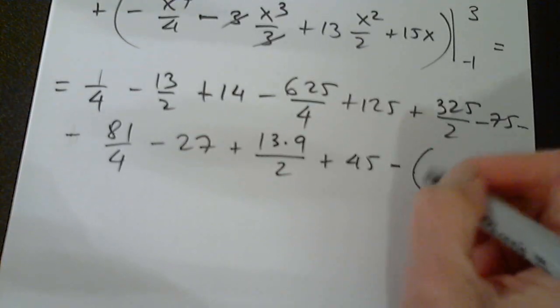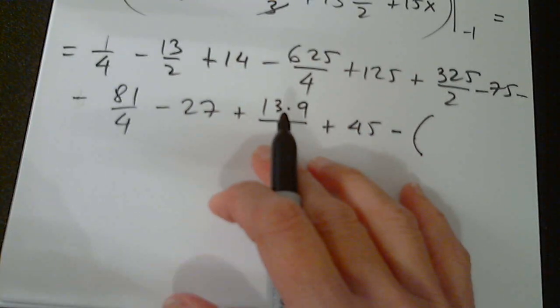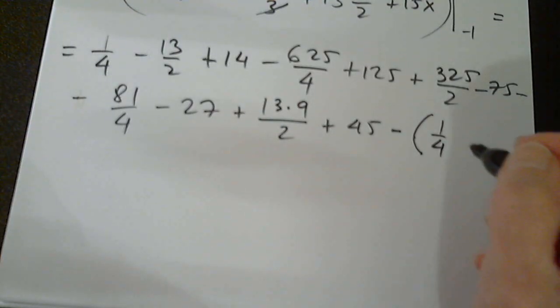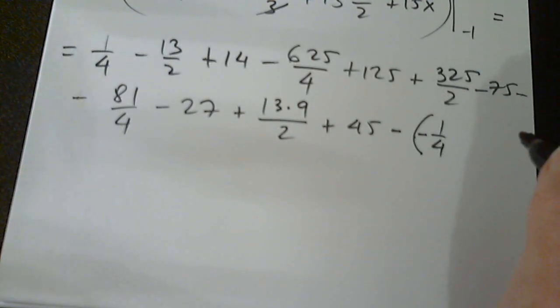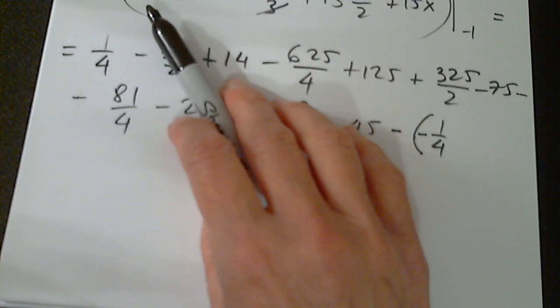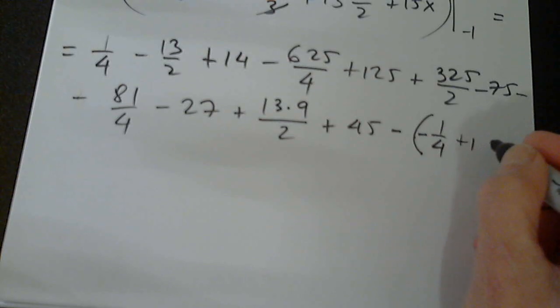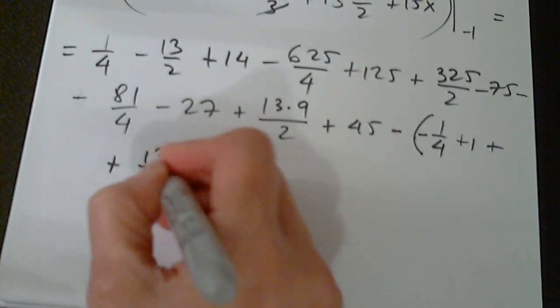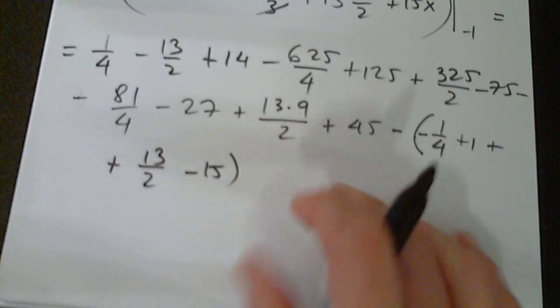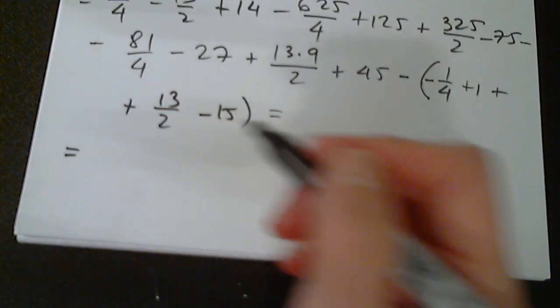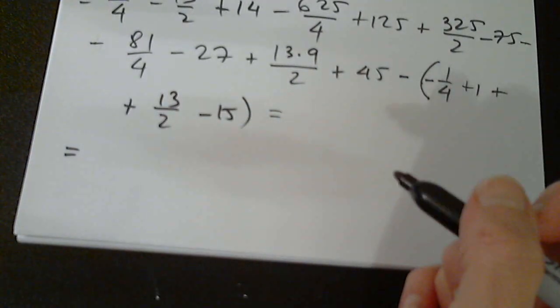Now minus, when I plug in negative 1, 1/4 still stays with a minus in front. Positive 1, positive 13 halves, and minus 15. Yes, I know this is a little bit of a torture, but I started it, so I have to finish it now.